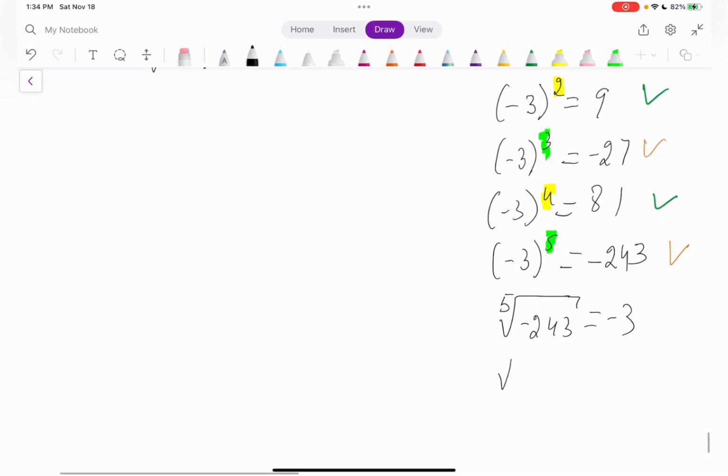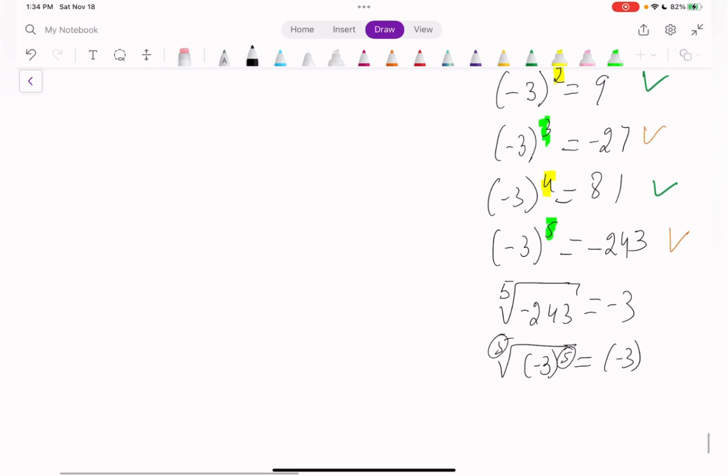Why? Because negative 243 I can represent as negative 3 to power 5. And then negative 3 to power 5, this 5 divided by this 5, right? I'm going to get 1. All right? And the same way, negative 3 to power 3.